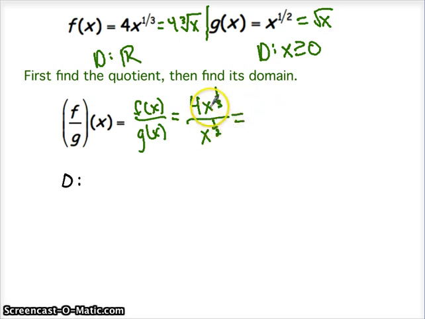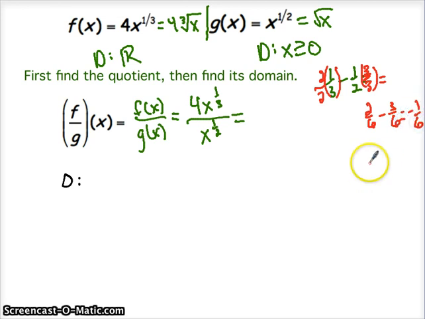Well, now remember, division rules say equal bases dividing means I'm going to subtract my exponents. So first I need to do a quick little bit of work here. 1/3 minus 1/2. Let's make them common denominators. So I'm going to multiply the top of this one by 2 and the bottom by 2, and the top and bottom here by 3, and end up with 2/6 minus 3/6, which is a negative 1/6.